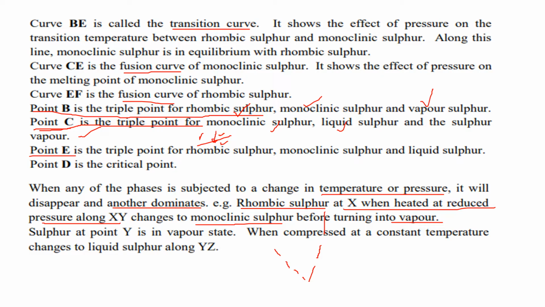We are saying that sulfur at point Y is in the vapor state. When it is compressed, I told you compression refers to keeping temperature constant and increasing pressure. So when pressure is increased and temperature is kept constant, we are going to have a change from vapor to liquid along YZ. I hope that's very simple to understand.